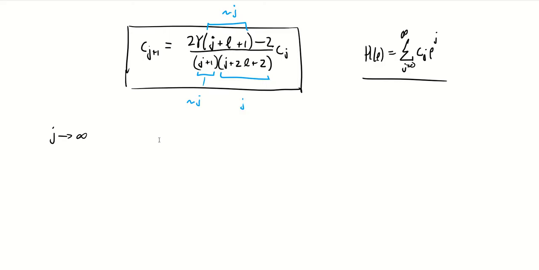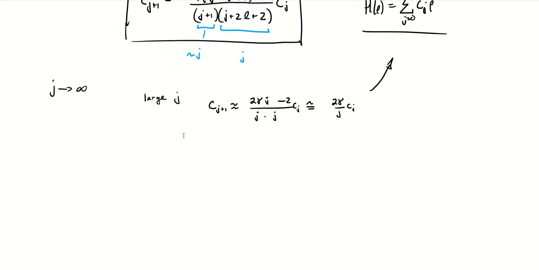So for large j, our C_{j+1} is approximately equal to (2γj − 2) over j times j, so essentially just j squared, or this is essentially just 2γ over j times Cj, right?